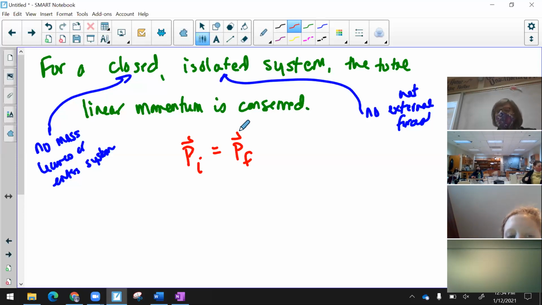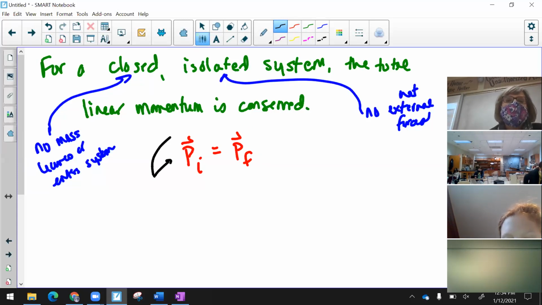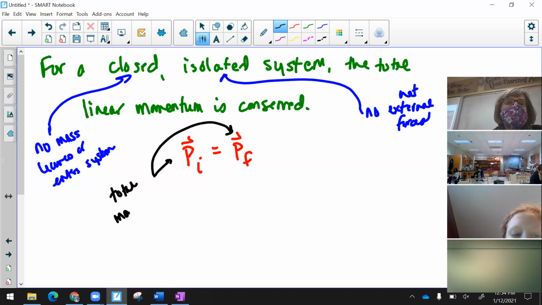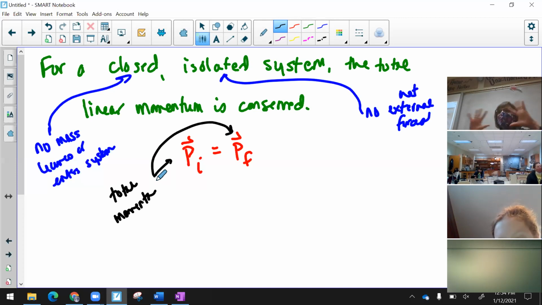So first of all, let's make a few more comments here. These are total momentum or total momenta. Okay. So it's not the momentum of individual objects. It is the momentum of the whole system of objects.